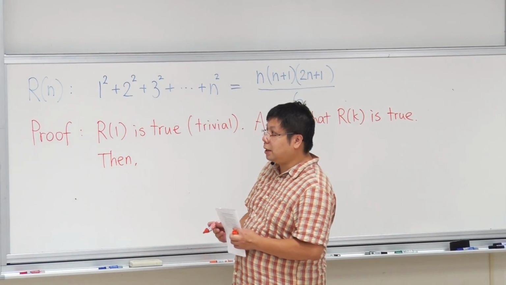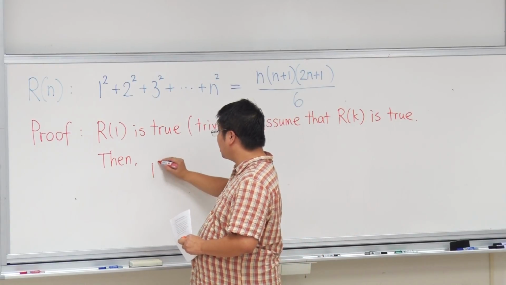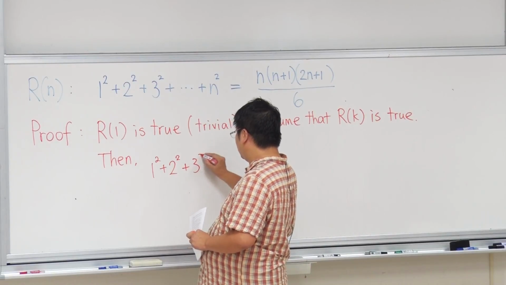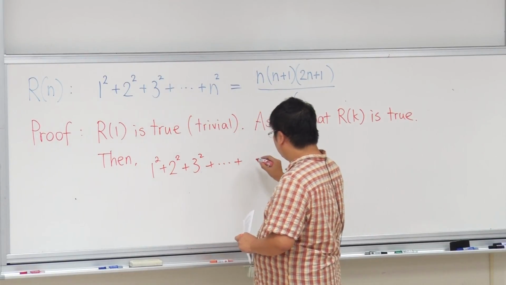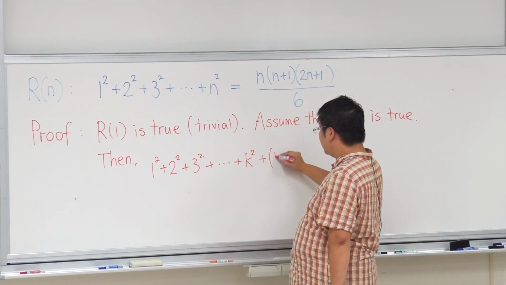We assume this. Then we are interested in R(k+1). So we can start by looking at what happens for R(k+1). R(k+1) is you add up to k square, and then you add k plus 1 square.